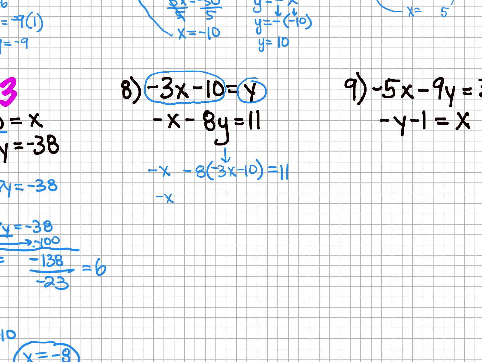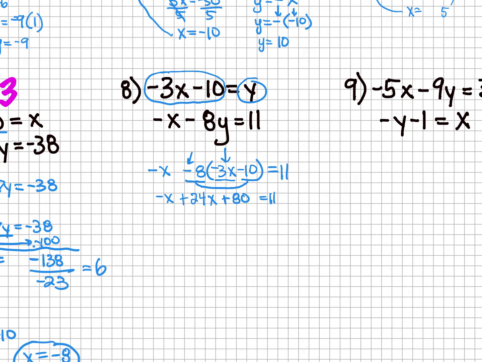Negative x. Now we have negative 8 times negative 3x is positive 24x. And negative 8 times negative 10 is positive 80. You got to remember the sign. You got to remember this negative when you're multiplying. All right. So negative x plus 24x plus 80 equals 11.